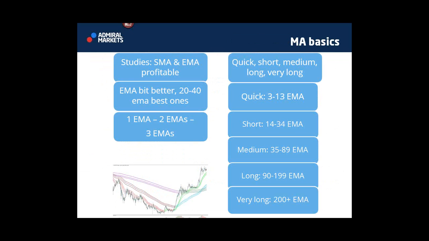You have different speeds of moving averages, ranging from very quick to very long. This is just a rough bracket on the right side between quick, short, medium, long, and very long. It's disputable, it's debatable where that border is, but I put the quick between 3 and 13, short between 14 and 34, medium between 35 and 89, long between 90 and 199, and very long is 200 and higher.